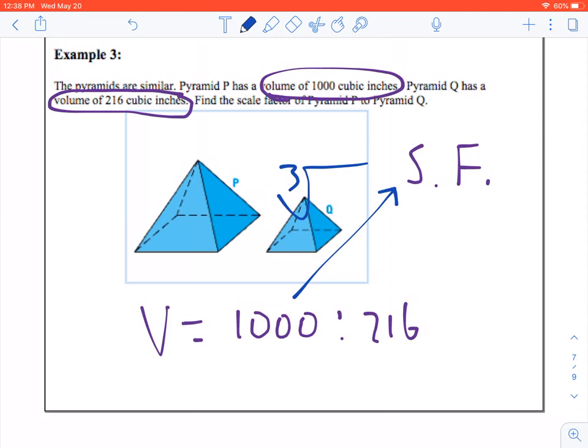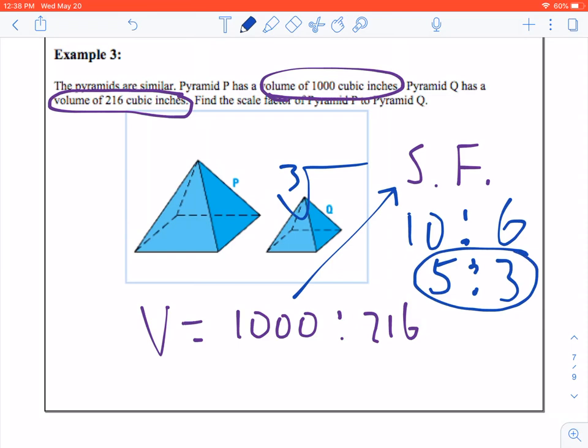Taking the cube root of 1,000, you get 10. Taking the cube root of 216, you get 6. So right now we have a ratio that says 10 to 6, but just like all ratios, we have to reduce it. Reducing it, we get a ratio of 5 to 3. So that is our scale factor of Pyramid P to Pyramid Q.